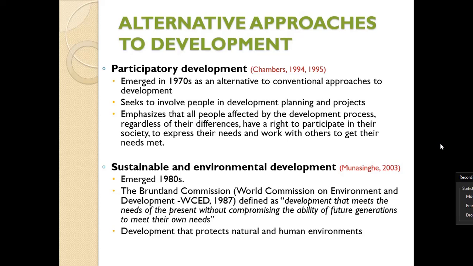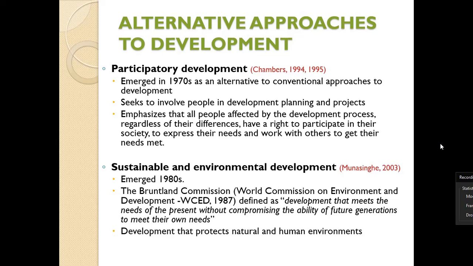Then there is sustainable and environmental development, which emerged in the 1980s following the idea that while these other development approaches were urging for industrialization, urbanization, and so on, they were leading to exploitation of resources without considering maintenance or preserving certain resources.